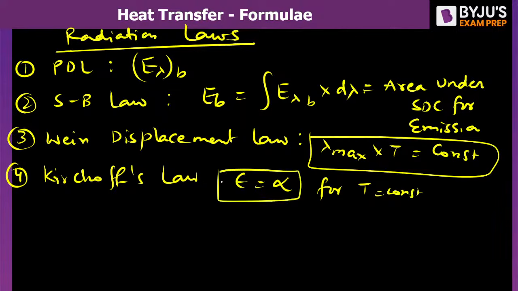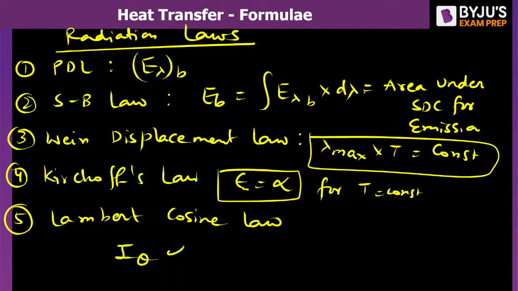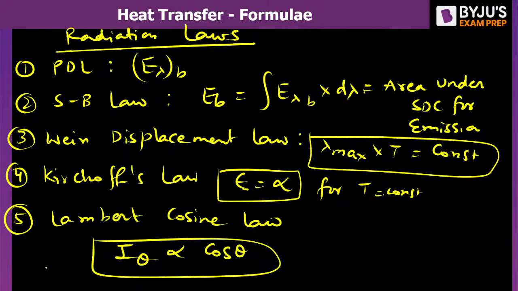If a body is in thermal equilibrium with its surroundings, then epsilon will be equal to alpha. Then Lambert cosine law, that is about intensity. Intensity in any direction is directly proportional to cos theta. So these are some radiation laws.